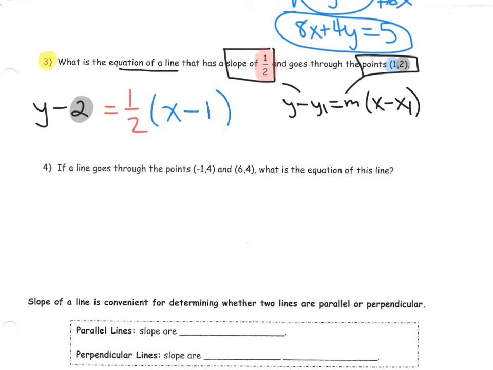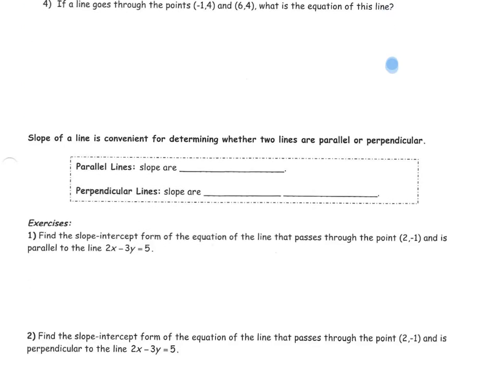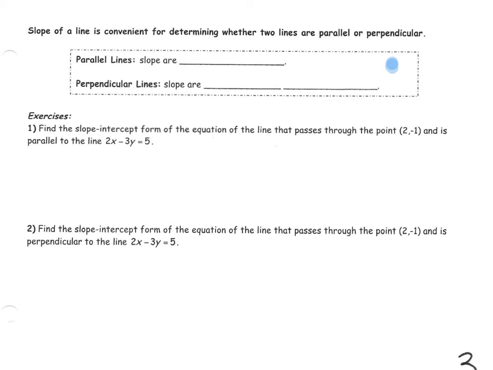And that's my equation. I can just leave it like this: y minus 2 equals a half times x minus 1. This is my 1/2, and the 1 comes from here.